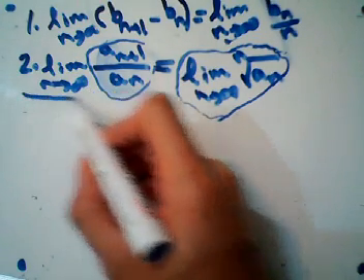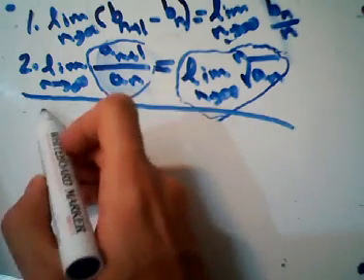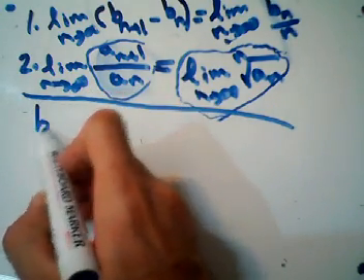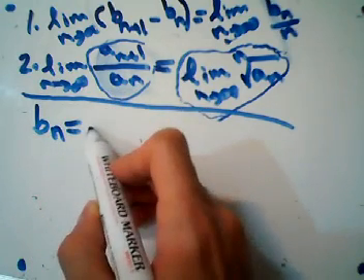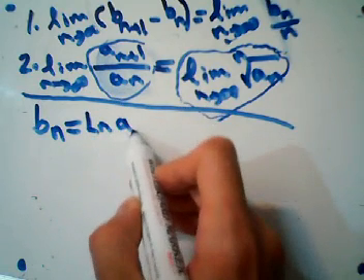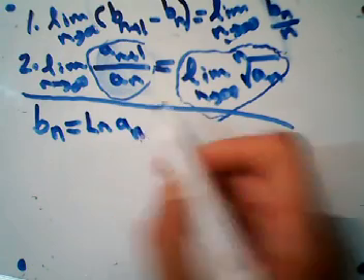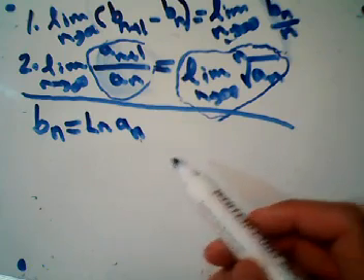Here's the proof. Let's define b_n as the ln of a_n. Ln is just the natural logarithm of a_n.